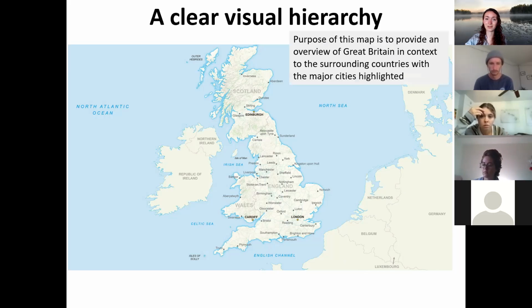Yeah, so the goal of this map is to give a context of Great Britain and how it's surrounded by the other countries and highlight the major cities. So you definitely picked up on the highlighted major cities, so they did a good job of that, making that text darker and bolder than the rest. But it does seem like the surrounding countries fell into the background a little bit.